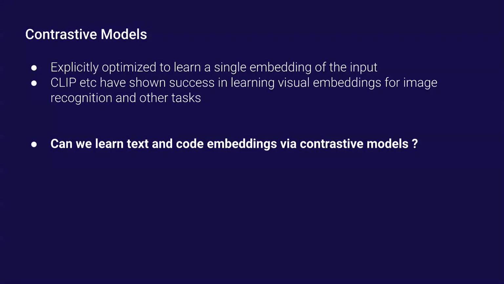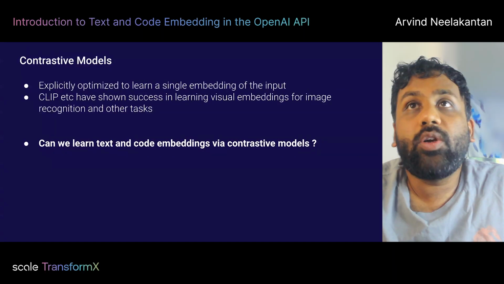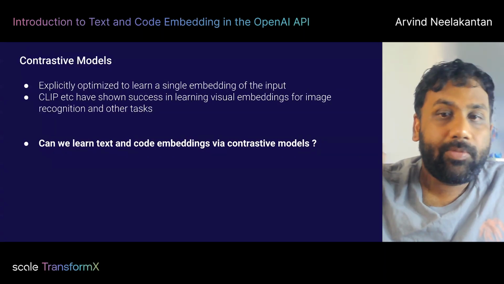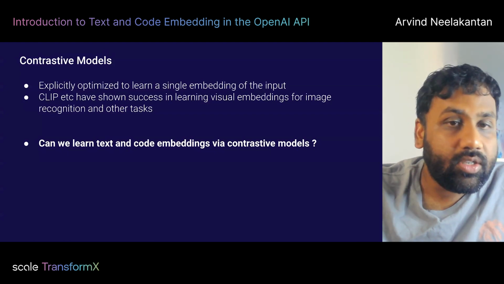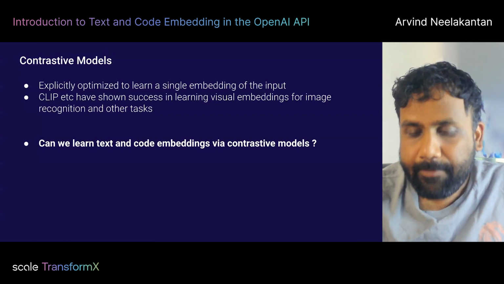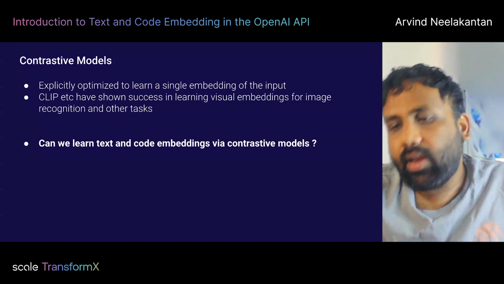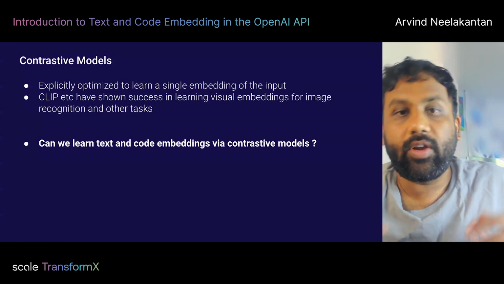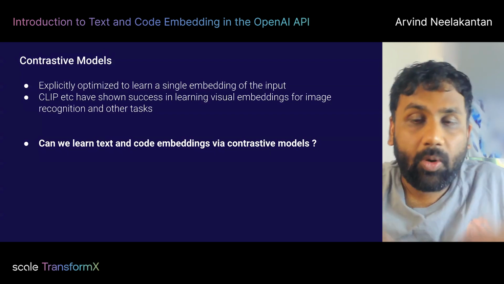And what we want to study here is, can we learn text and code embeddings via contrastive models that are really good? By this, I mean we want to have a single unsupervised model that produces embeddings for a large set of tasks, instead of what is typically done in practice, where for every dataset, for every domain, you have a separate embedding model.